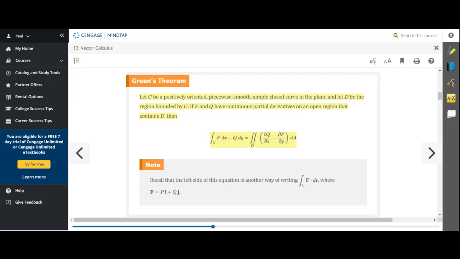Or more simply, what would the double integral equal if those partial derivatives are equal to each other?